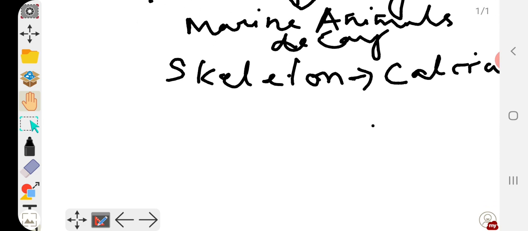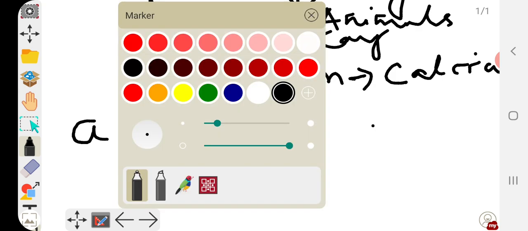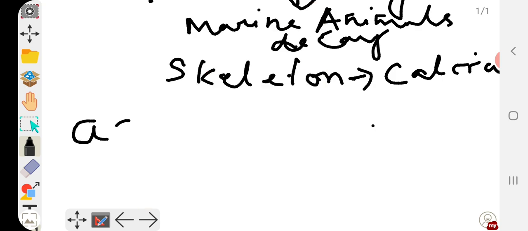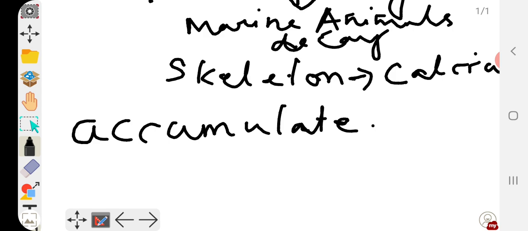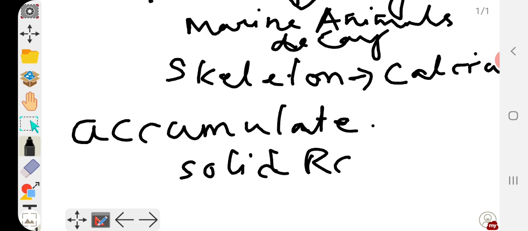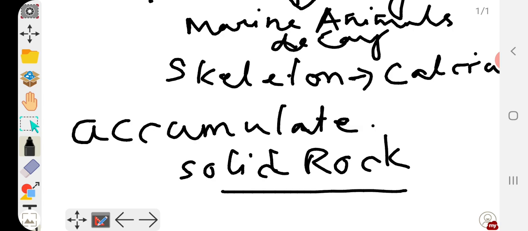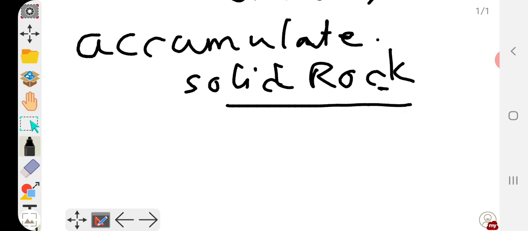Now when they secrete calcium, they accumulate the calcium and make a solid rock-like structure. It is an irregular structure.